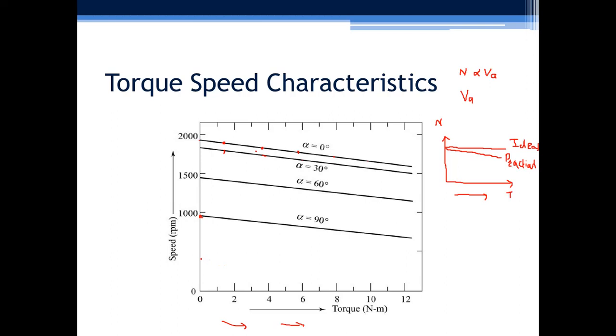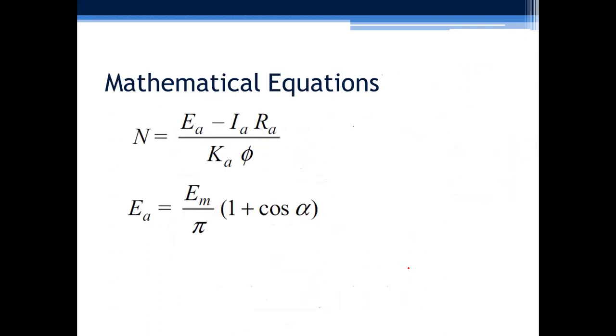So to get minimum speed, we should keep alpha maximum. So here if you keep alpha maximum, 180 degrees, close to 180 degrees, our speed will be 0 rpm. So this is the torque speed characteristics of a separately excited DC motor.